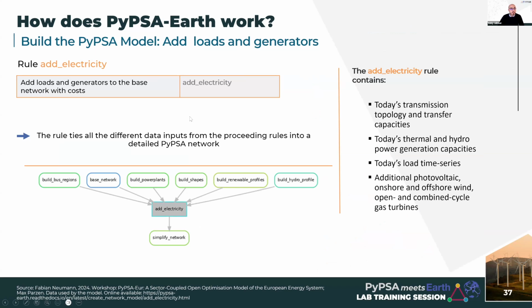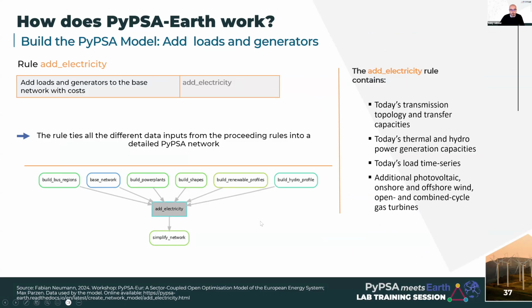Then afterwards, we reach the add electricity rule, and this is where we add all the loads that we already collected, and then the generators also with their location to the base network, where we already formed the electricity network. As you can see here, we get the bus regions, base network, power plants, and the renewable profiles and hydro profiles.